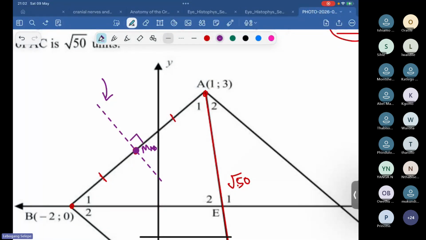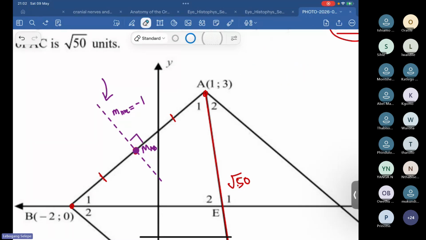Negative 1. Perfect, right? Because remember, the relationship between the gradients of two perpendicular lines is that if you multiply those two gradients, you're supposed to get -1, right? So if the gradient of AB multiplied by the gradient of the line should equal -1, and AB is equal to 1, therefore this is going to be -1, right? So that's how we find the -1.